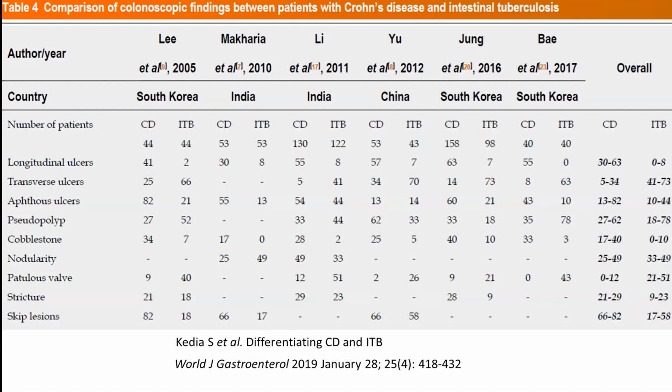Transverse ulcers are more common in tuberculosis, but are present in Crohn's disease. Aphthous ulcers you can get in both, even though more in Crohn's disease. And a patulous ileocecal valve also, you can get in both. So no endoscopic finding is diagnostic of tuberculosis.